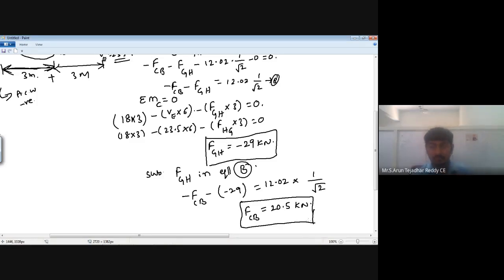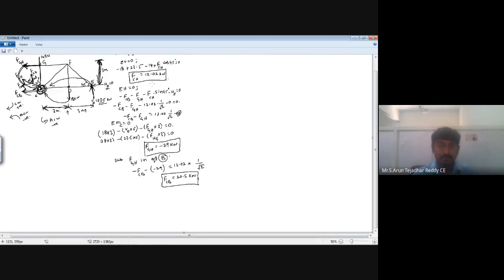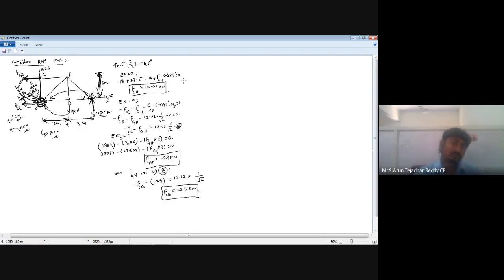Now we have completed the 3 unknown member forces, that is FCH, FGH, FCB. This is the entire right hand side part. Now compare with the LHS part.